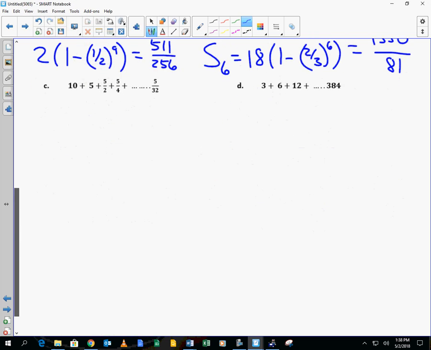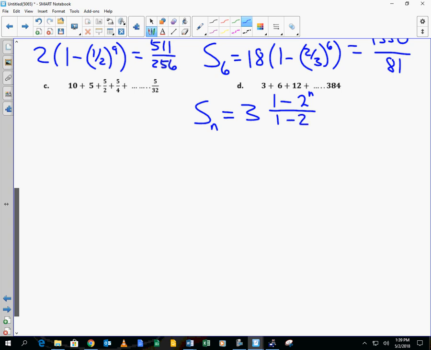Let's skip C. Let's do problem D. What's different about problem D? Yeah, so we have the sum of the first n terms. We don't know what n is. First term 3 times 1 minus, what's the ratio? 2 to the nth power divided by what? 1 minus 2.